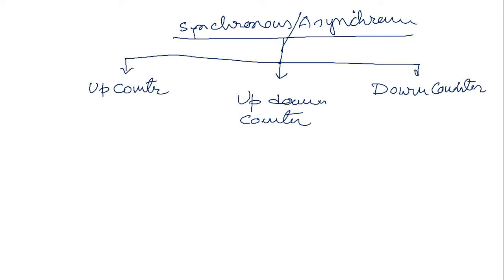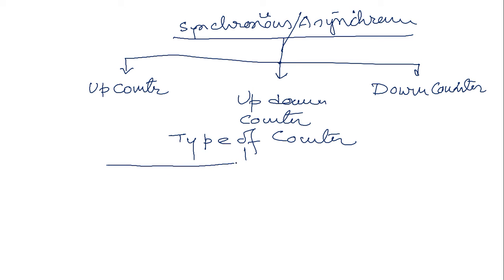Now, basically, the type of counter, there are two types: asynchronous and synchronous.